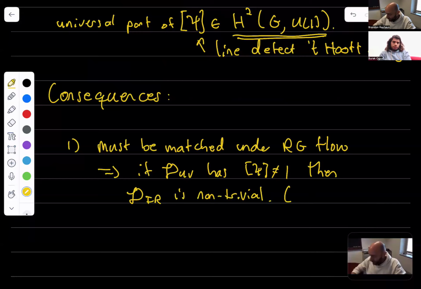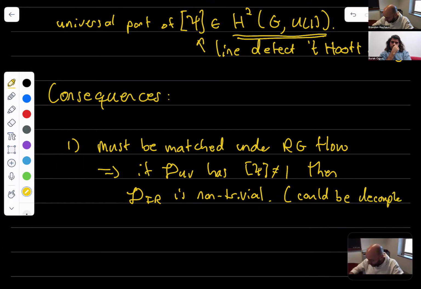So it could still be decoupled, topological, or conformal, but it can't be trivial.